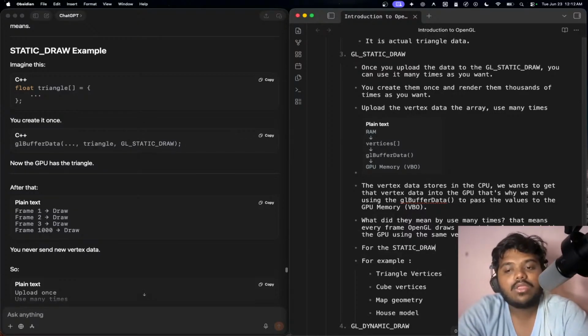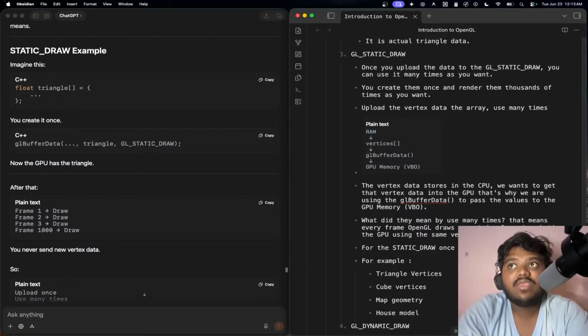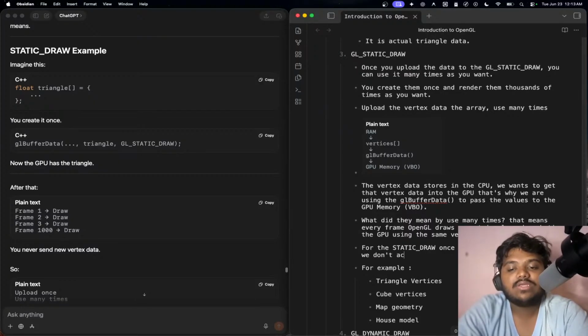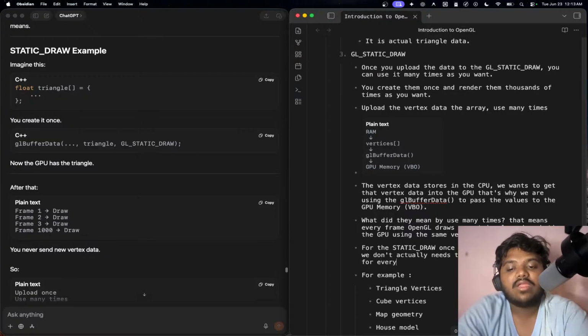Once we created the triangle, once we created the vertex data, we don't actually need to give it every single time for every frame.